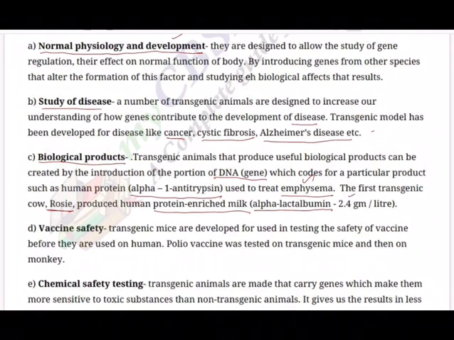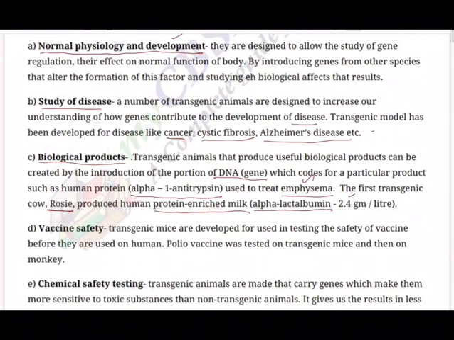Medicines required to treat certain human diseases may contain biological products, but such products are often expensive to make. Transgenic animals which produce useful biological products can be created by the introduction of a portion of DNA or genes that code for a particular product like human protein alpha-1 antitrypsin used to treat emphysema.